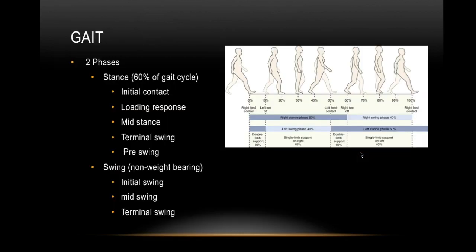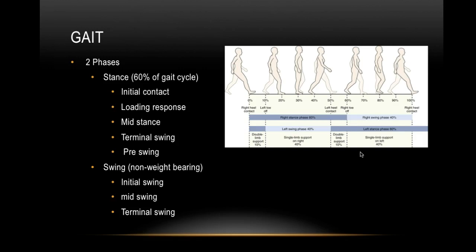As it pertains to gait, which is a technical term for walking, you're not going to become an expert on the gait cycle and all the different dysfunctions, but it is important to understand the major properties of it. As you can see here, there's two phases, the stance and the swing phase, and each of those is broken down into several other smaller phases.